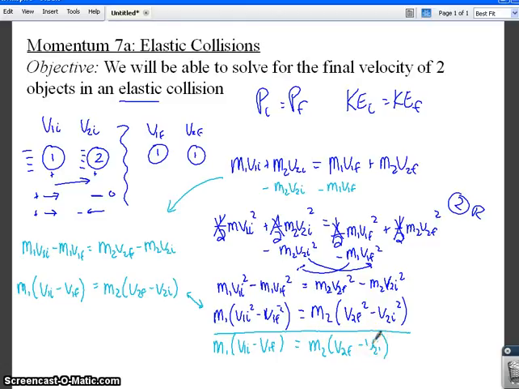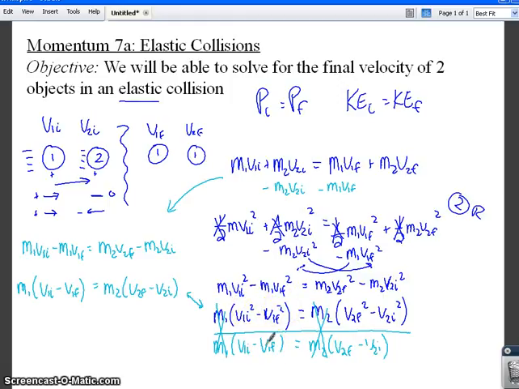Okay? There it is written together. Now because I'm dividing, notice that the m1s are going to cancel out and the m2s are going to cancel out. Now I have v1 initial squared minus v1 final squared over v1 initial minus v1 final.